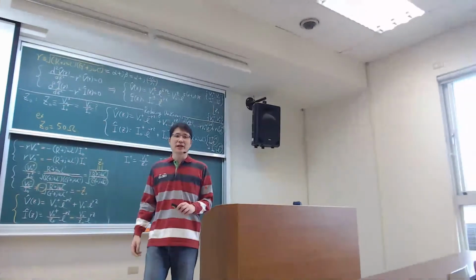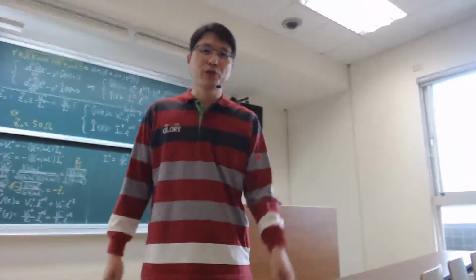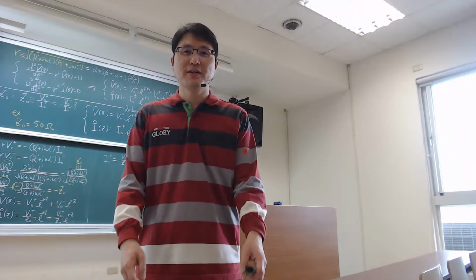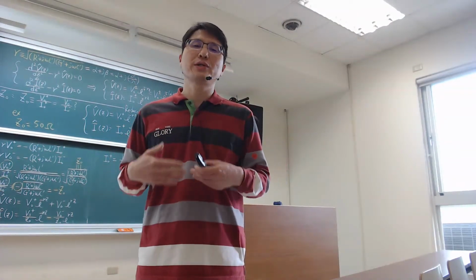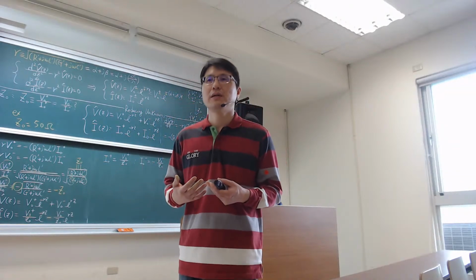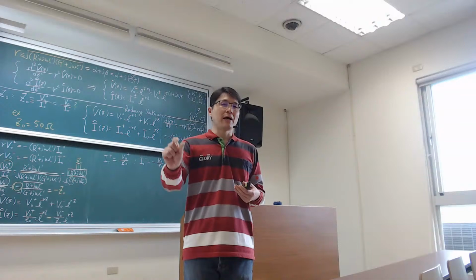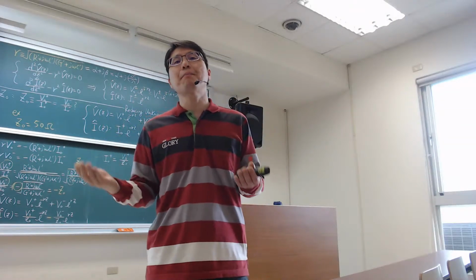Can any student try to answer this? If you get it right, you can have maybe 1 or 2 points for the semester score. This is a bonus. Can anyone try to explain this? Impedance, taking a negative sign. Well, impedance can be complex.